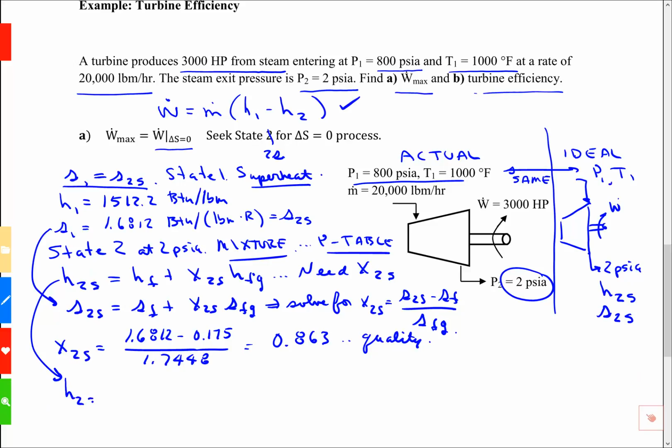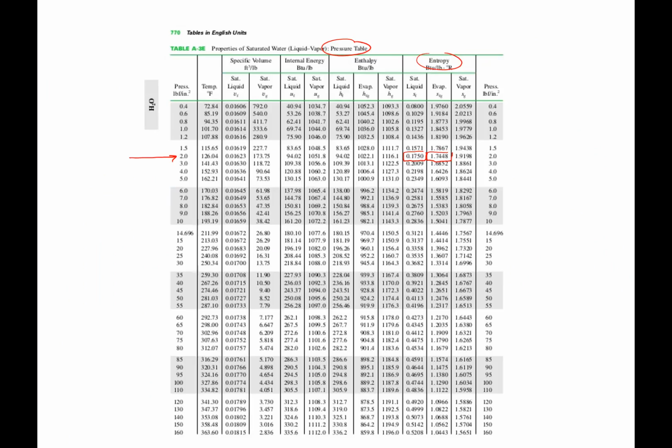H2S is going to be, well, let's go find some appropriate values from the table. We need HF and HFG, same pressure table, same pressure 2 psia, but now we're going to look under enthalpy and find that HF is 94.02, and the difference between the vapor and the liquid is 1022.1.